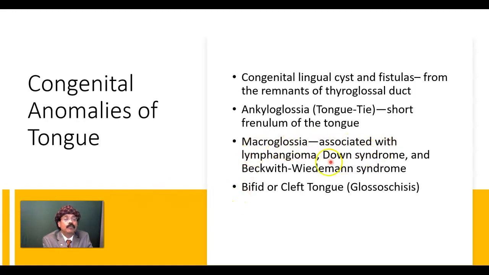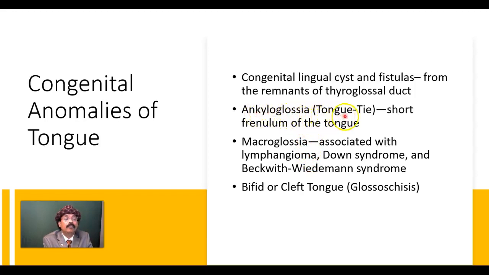Macroglossia is associated with lymphangioma, a tumor of the lymphoid tissue, Down syndrome, and Beckwith-Wiedemann syndrome. We might have a bifid or cleft tongue, which is very rare. Macroglossia may also be present with congenital hypothyroidism, which we call cretinism.